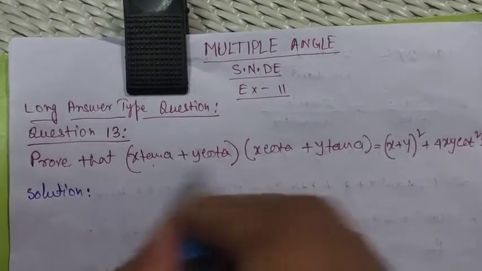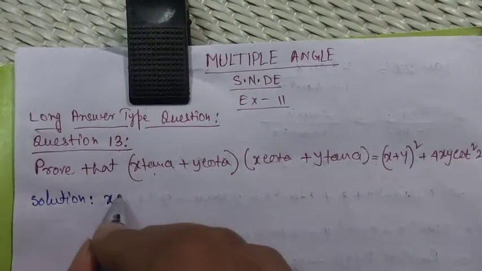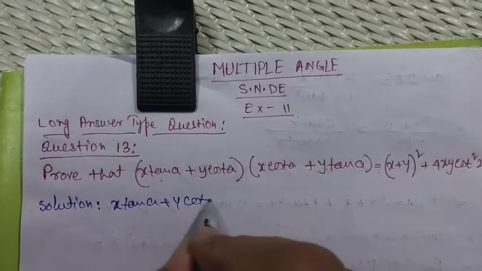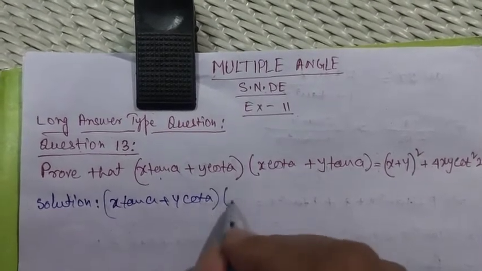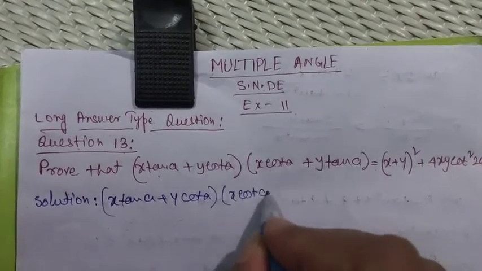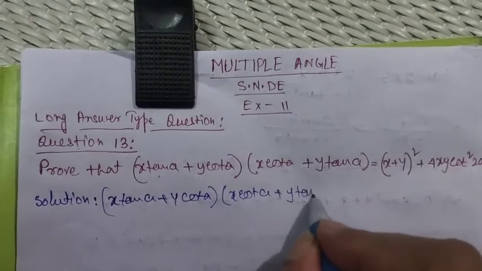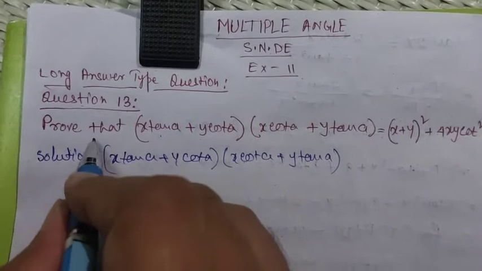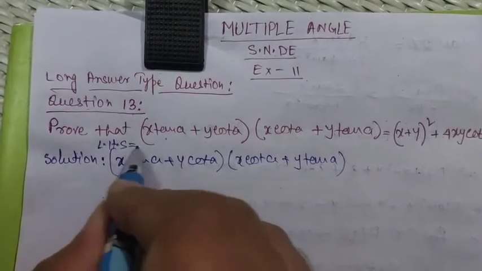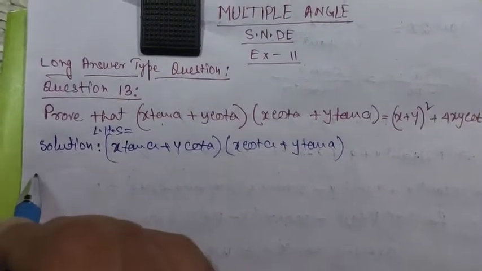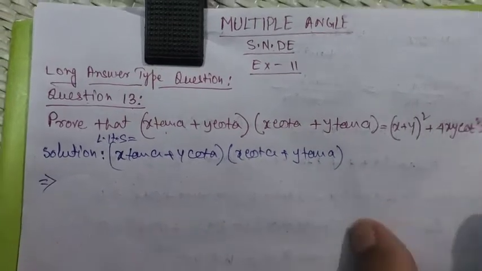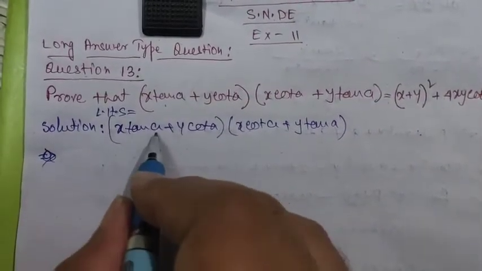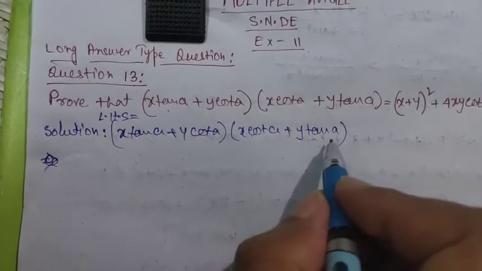So first we will write this expression (x tan a + y cot a)(x cot a + y tan a). I am considering this expression as the left hand side. First we will start multiplying x tan a with (x cot a + y tan a).